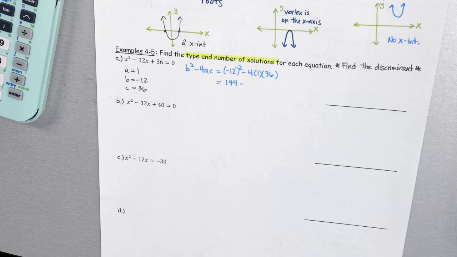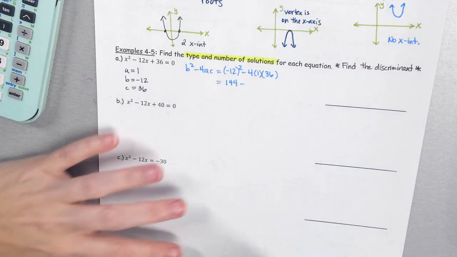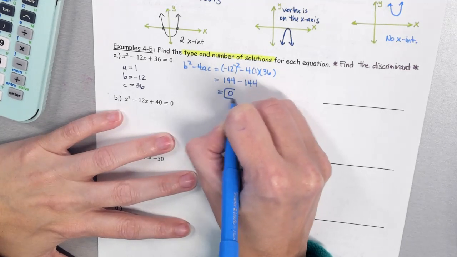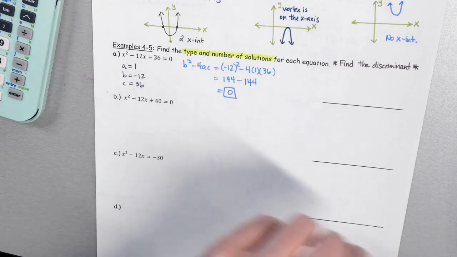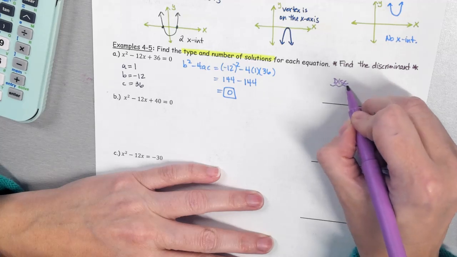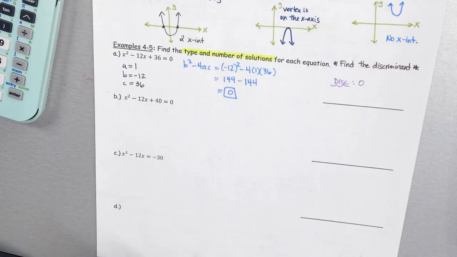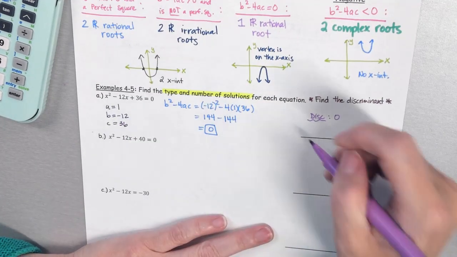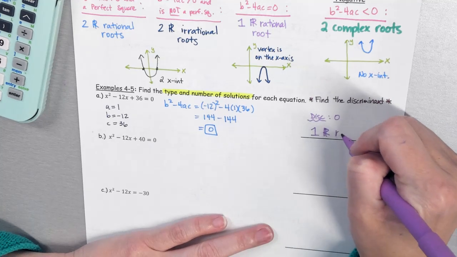That is a fine one to do in your calculator. So what is 4 times 36? 144, so you get 0. Okay, so your discriminant is 0. We can abbreviate there. And then we're going to do the number and the type of solutions. So if it's 0, we know we have one real rational root.